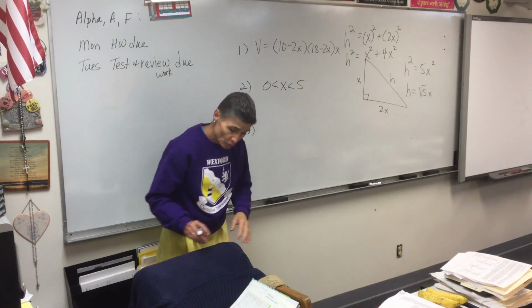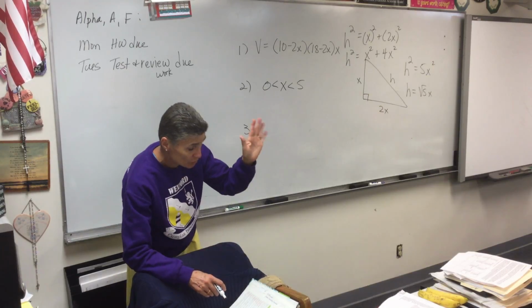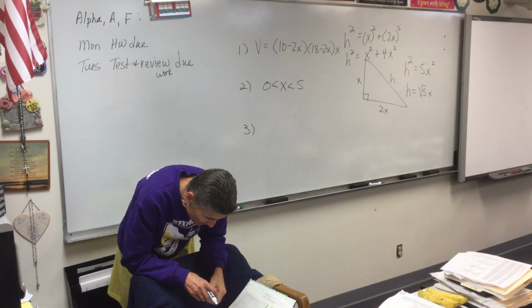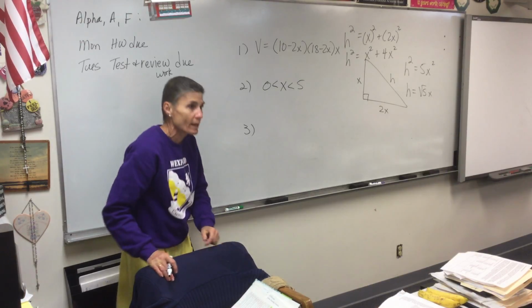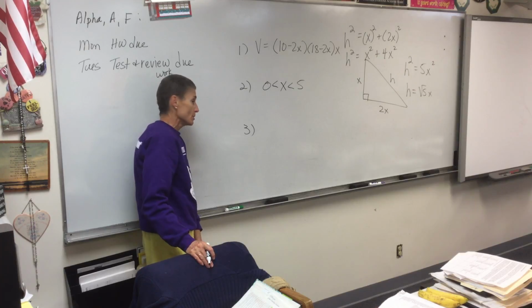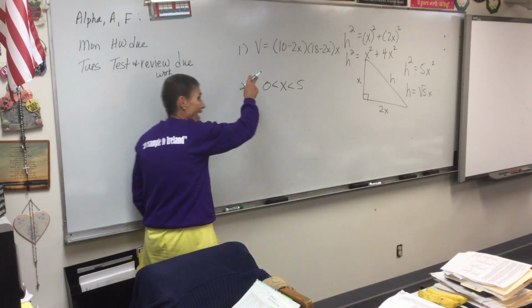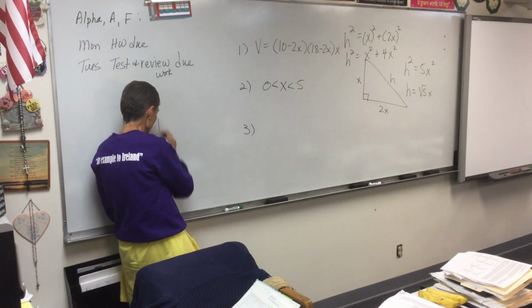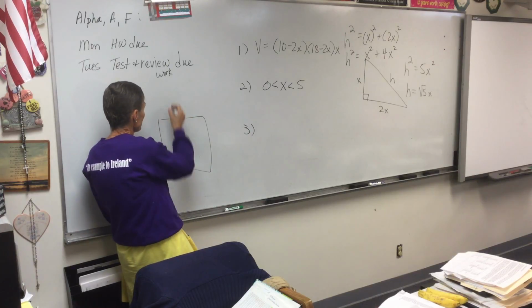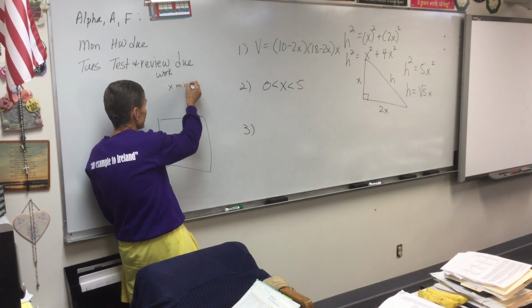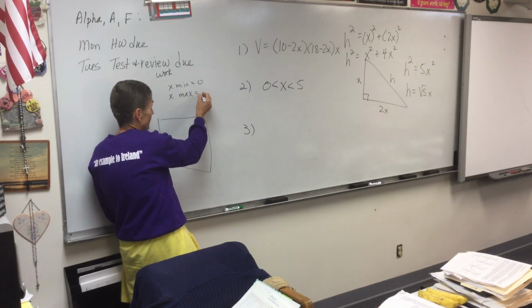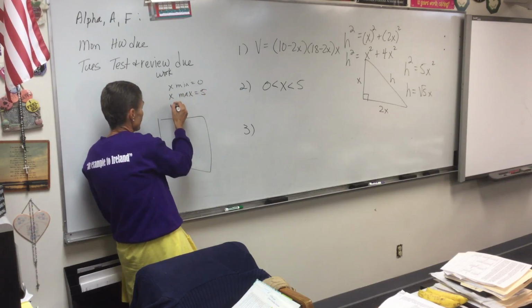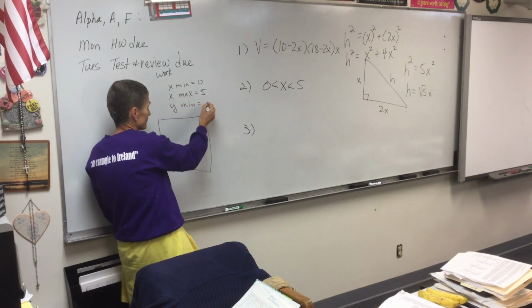And then the third question this time is, and the question sometimes changes, it says, find the dimensions of the cutout squares. So in other words, when you graph that thing on your calculator, and you're going to use x min as 0, x max as 5, what's y min going to be?